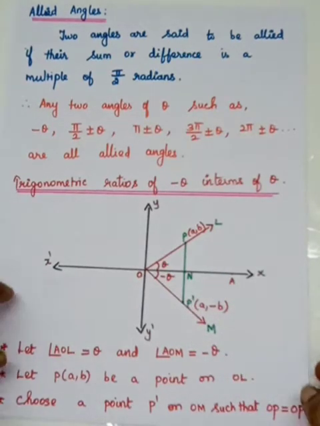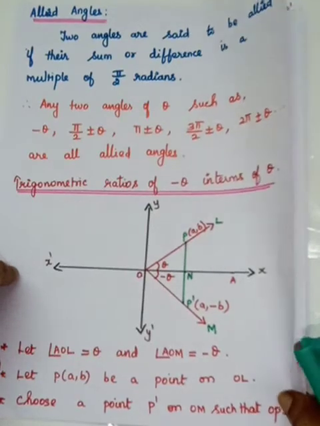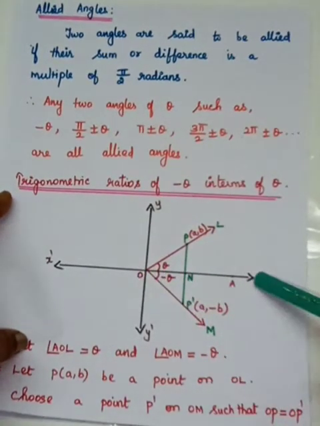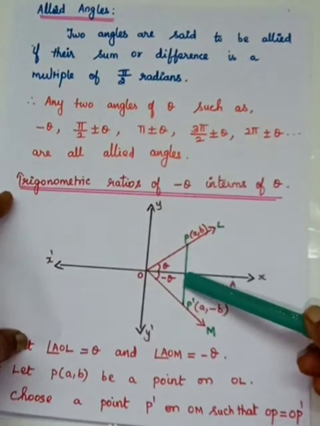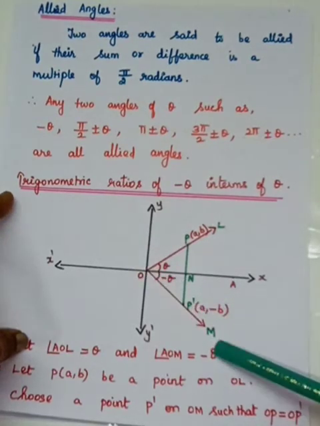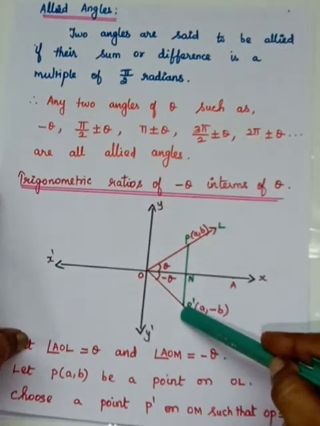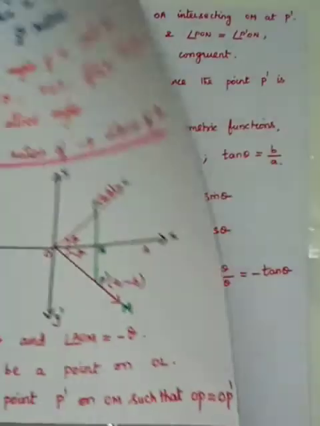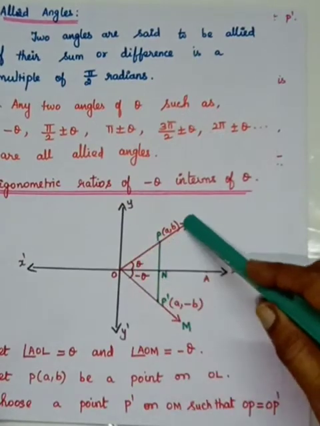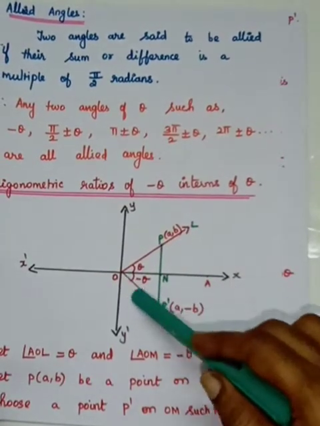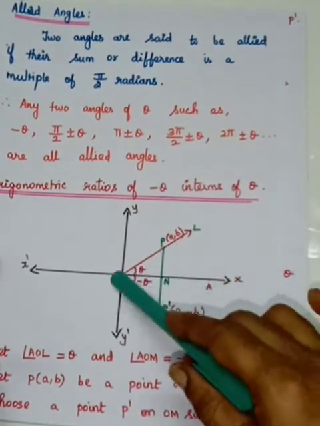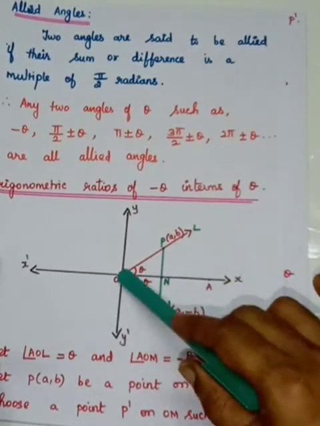Okay, you see now, draw PN perpendicular to OA, and if you extend this PN, it will intersect OM at the point P dash. Since AOP is equal to AOP dash, PON is equal to P dash ON.